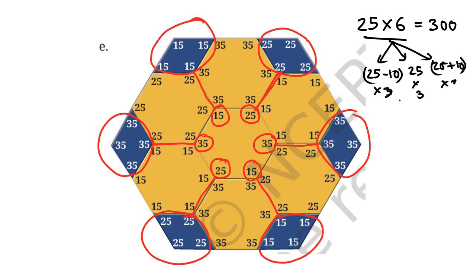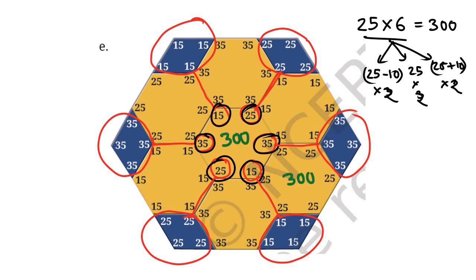Sorry, into 2. This is again into 2, into 2. You see, 15 is basically 25 minus 10 and 35 is 25 plus 10. So here we have got two 35s and two 15s and of course two 25s. So this is how you can do the breaking.